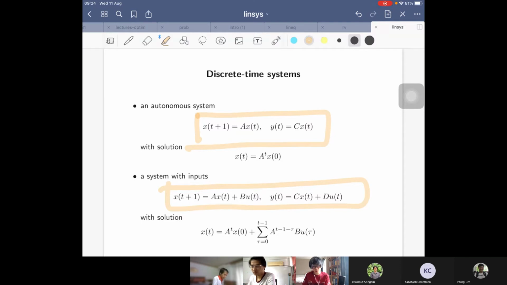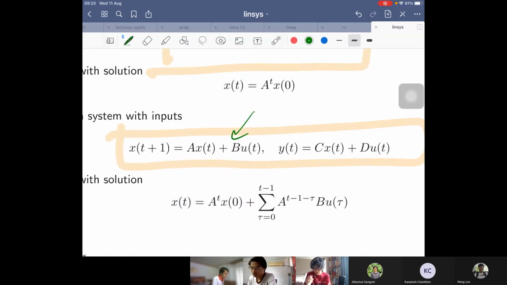Luckily, the response of a discrete time system can be solved more easily compared to the continuous one because you can just iterate the equations. In discrete time, the state transition matrix is A to the T.